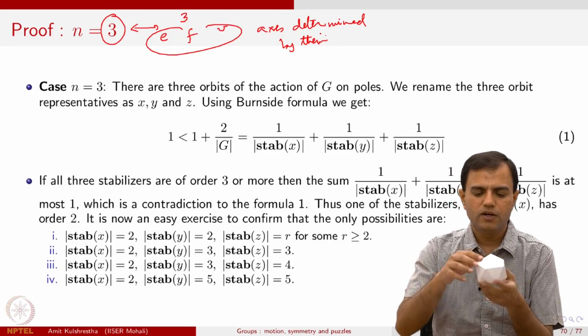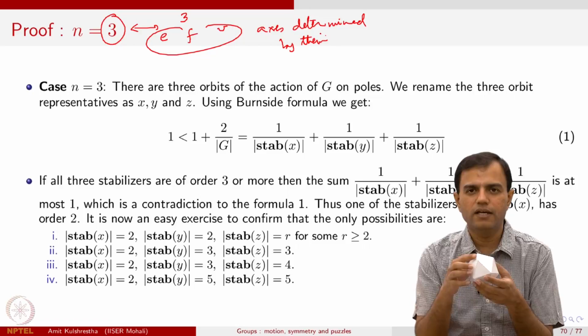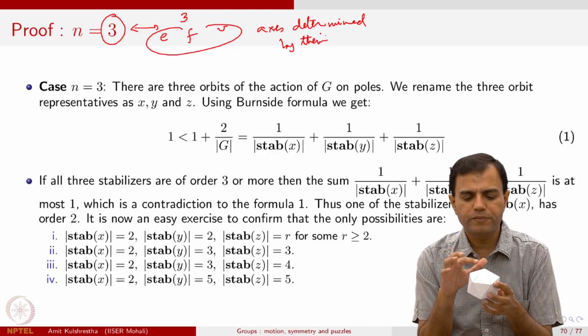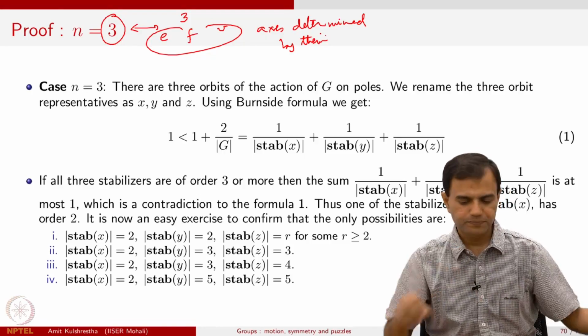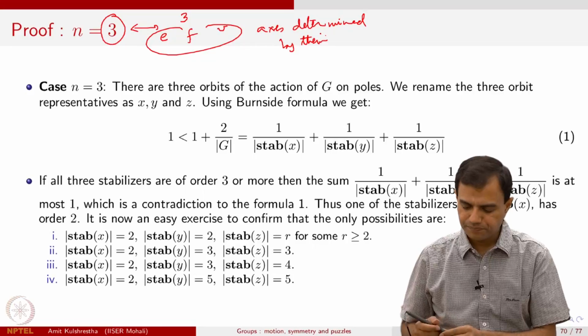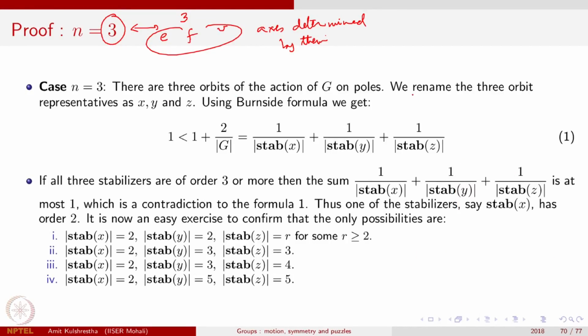By certain rotation, by certain action of the group of symmetry of this, you can obtain one from the other. Okay. So n is 3. So what we do? We take representatives from these 3 orbits and we were calling them earlier x1, x2, x3, xn. Let's simply call them x, y, z.